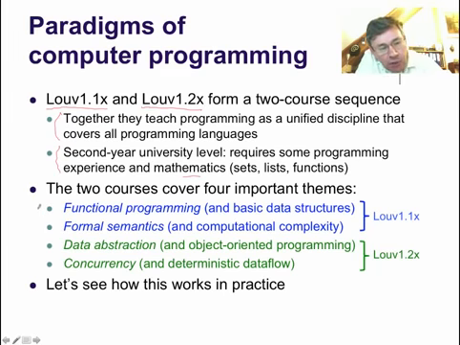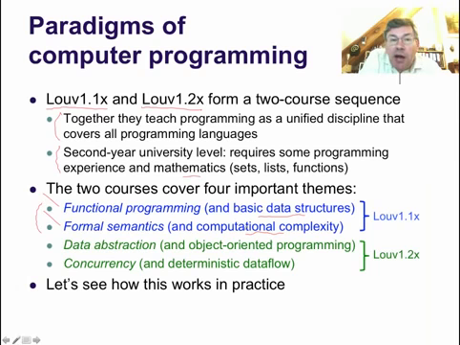The courses will cover four themes. In Louvain 1.1x, we cover functional programming and formal semantics, which is in some sense the apotheosis of this course. In functional programming, we will also cover important basic data structures and techniques, and in formal semantics we will also talk about computational complexity.